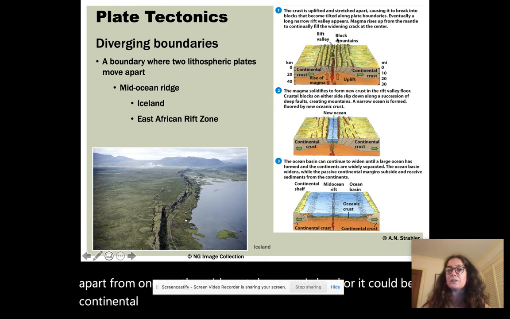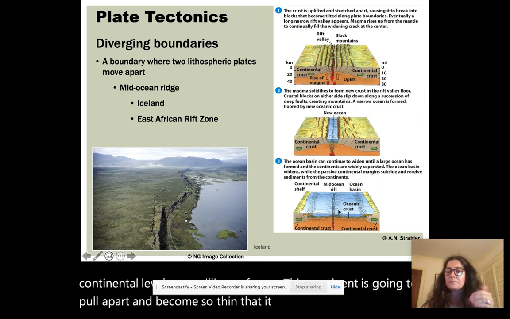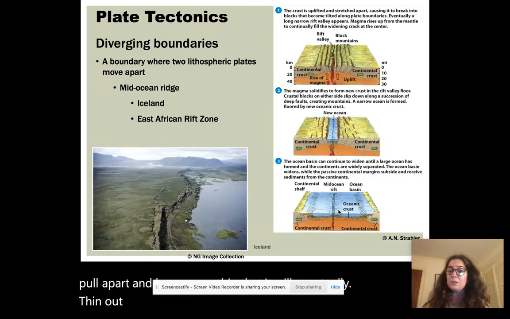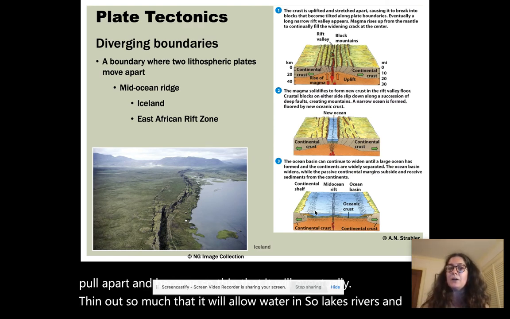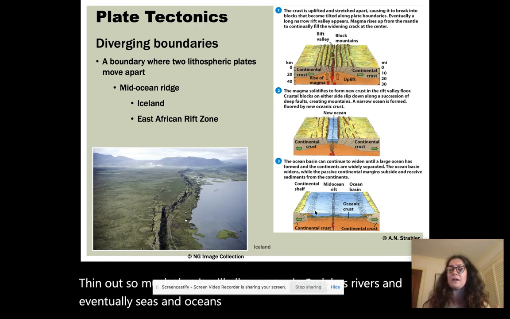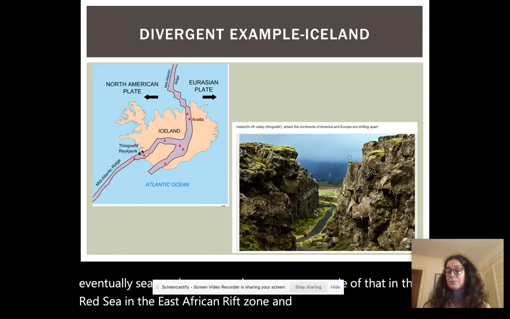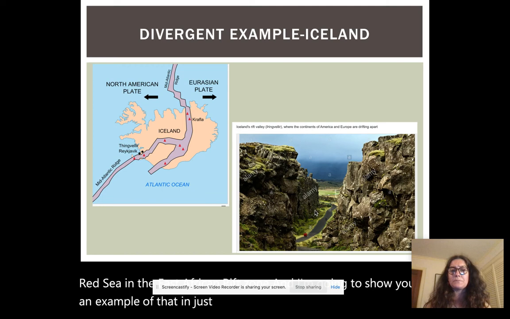Over millions of years, the continent is going to pull apart and become so thin that it will allow water in. So, lakes, rivers, and eventually seas and oceans. We see an example of that in the Red Sea in the East African Rift Zone. I'm going to show you an example of that in just a minute.